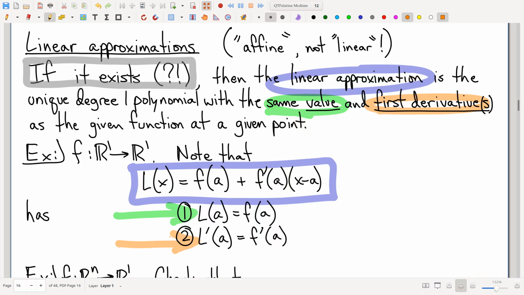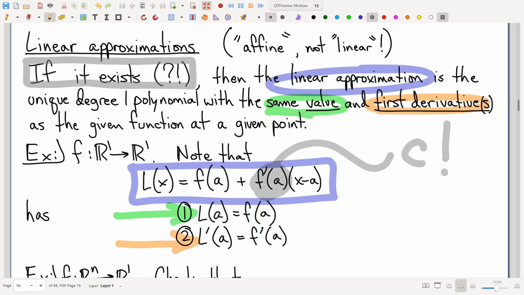The thing you have to keep in mind when you do that is don't forget that this is a constant. All right, a lot of students will forget about that. This is not f prime of x. Very importantly, this is f prime of a. So a is fixed and doesn't move.